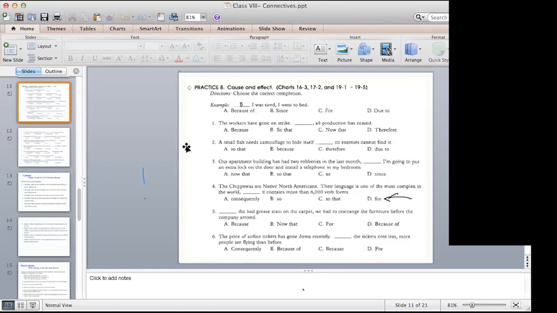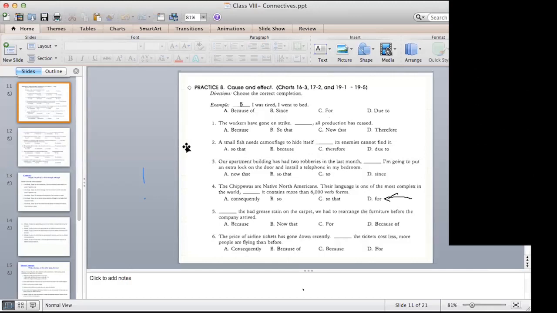Now, 5. The bad grease stain on the carpet, we had to rearrange furniture before the company arrived. So what should we use? Because, now that, for, because of. Just give it some time. You have to look at the bad grease stain on the carpet. There's no verb.